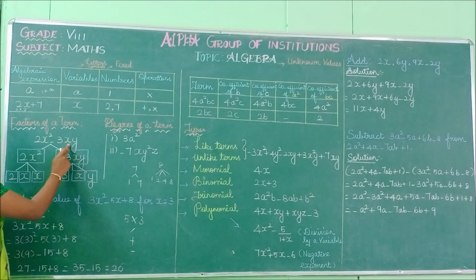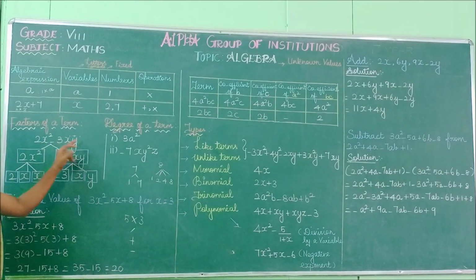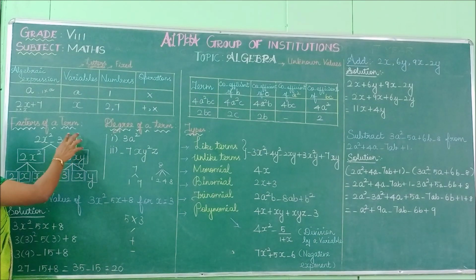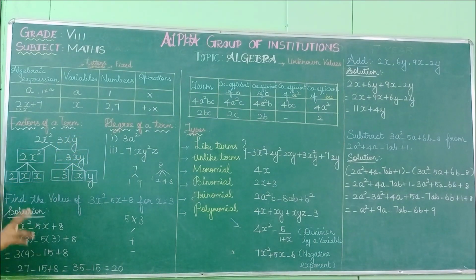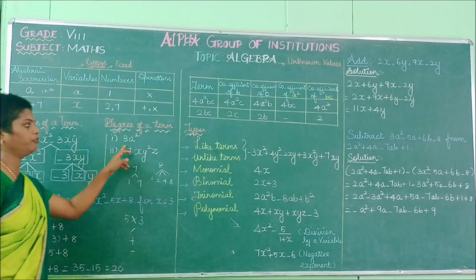So taking this value, x has power 1 and y has power 1. You have to sum up both values. So 1 plus 1 is what? 2. So x power 1, y power 1, you add both values and get 2 as the degree of the term.